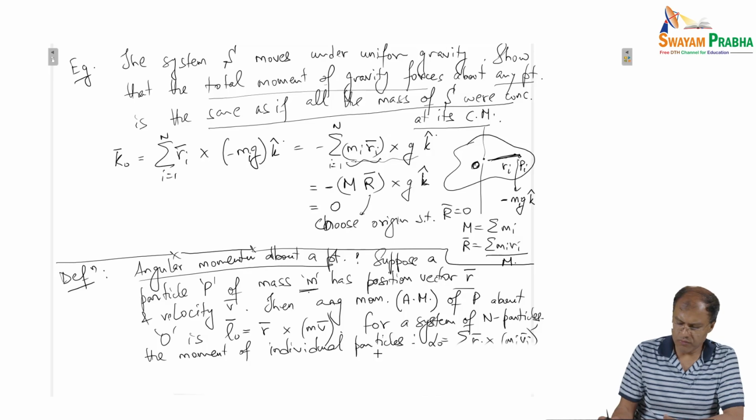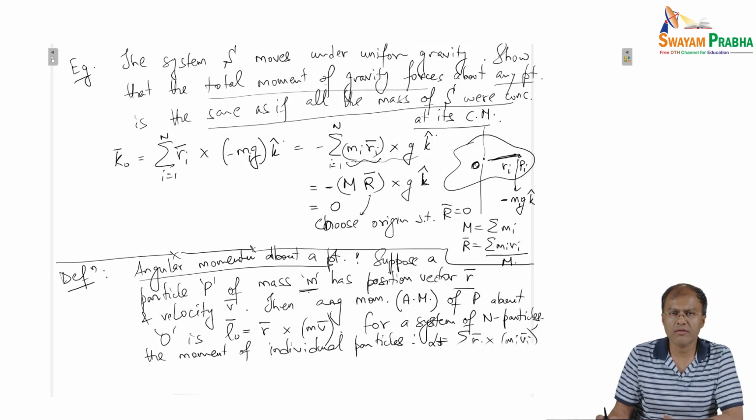Okay, so this is our sum of individual contributions. So then we can extend this. So this is the angular momentum about the origin. We have fixed some origin, so that is our origin.